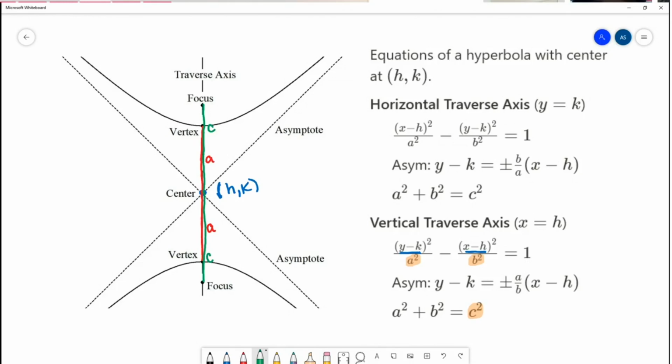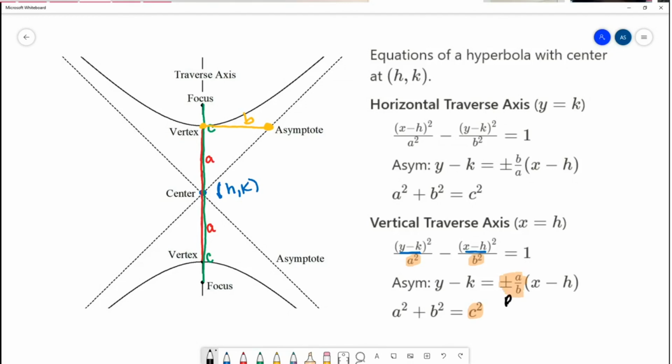Then b is a little bit harder to see on this picture. If I go starting from this vertex horizontally across to the asymptote, this distance will be b. Now the reason why we label this as b, if we take a look at the asymptote, the slope of the equation of the asymptote is a over b.